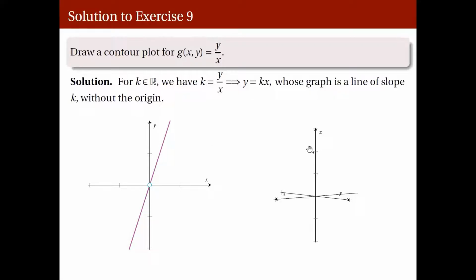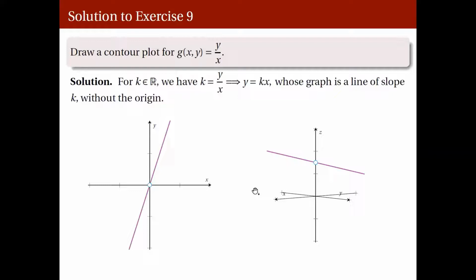This purple line corresponds to this line on the plane z equals 3. Again, the point corresponding to x equals 0 is absent.